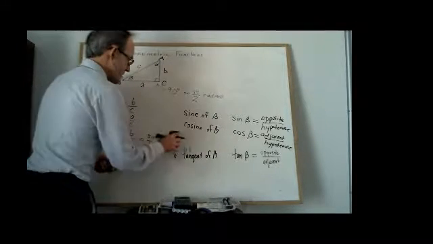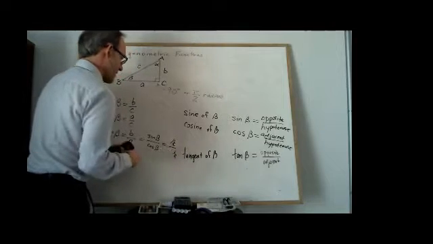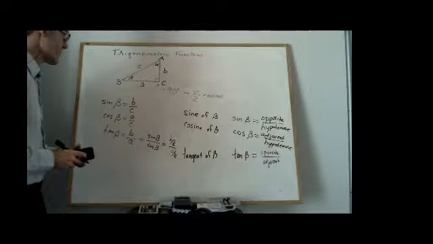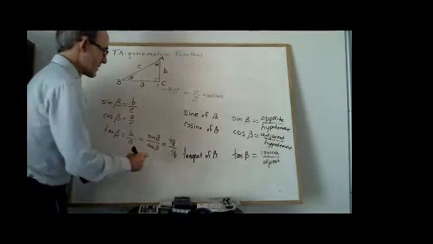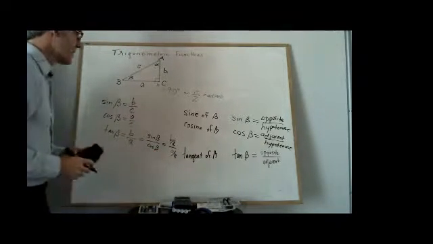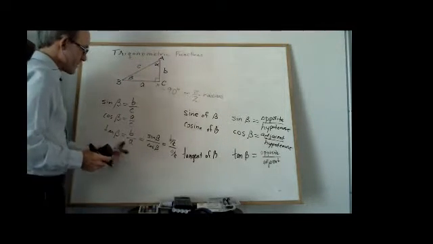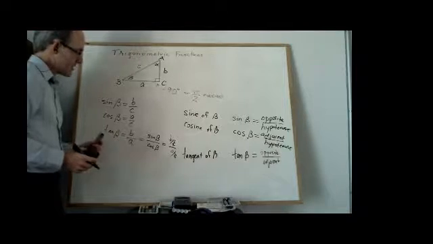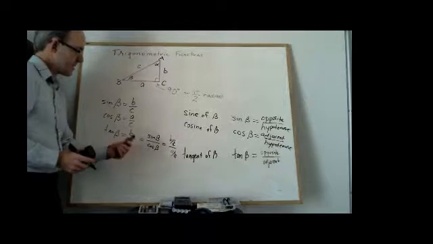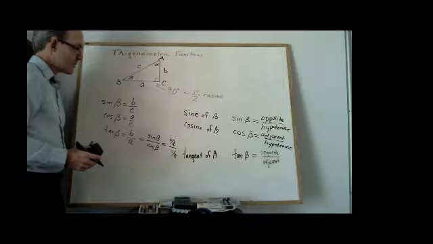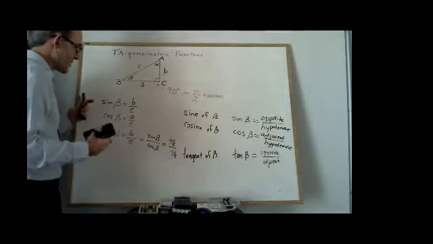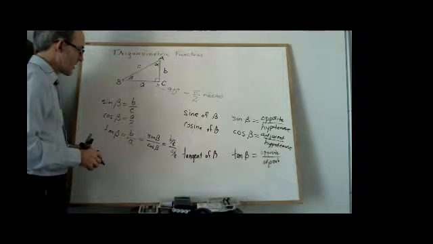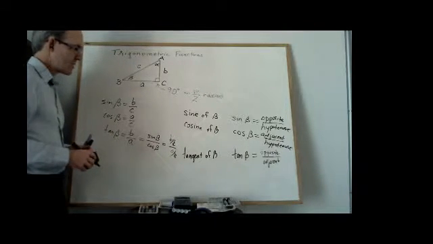Sorry, that should be b over c and a over c. So the c's will cancel out and I'll just get b over a. All right, so this is already an identity that you can write down in terms of the trigonometric functions. So we can say that the trigonometric functions are not independent of each other. They have identities in terms of each other.